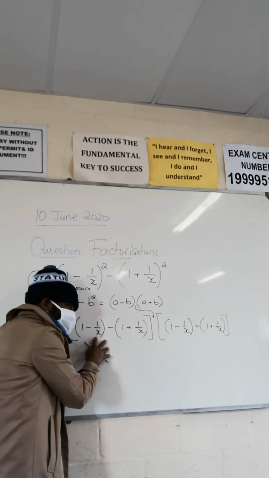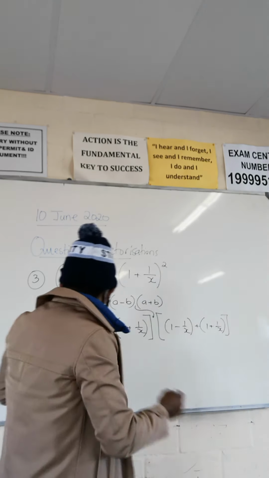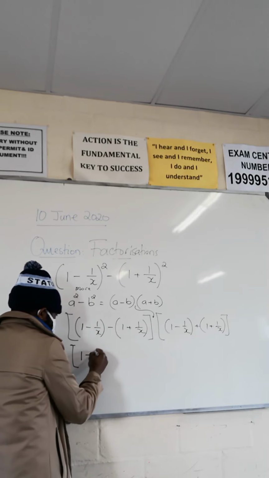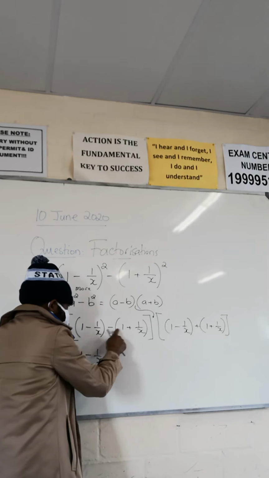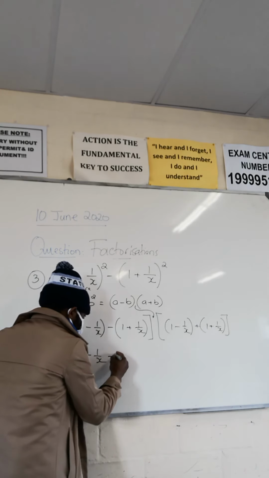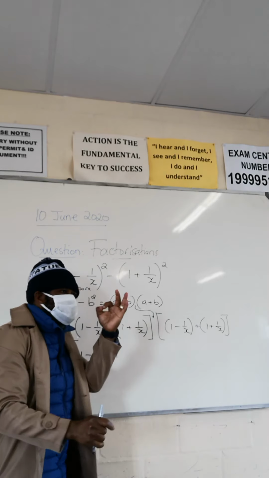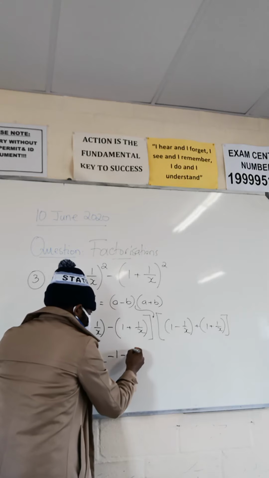So now what I have to do here is just remove the bracket. Now I will have 1 minus 1 over x. And if I remove this bracket, 1 times plus 1 will give me what? Minus 1. Already here I can see 1 minus 1 gives me 0. 1 times plus will give me what?